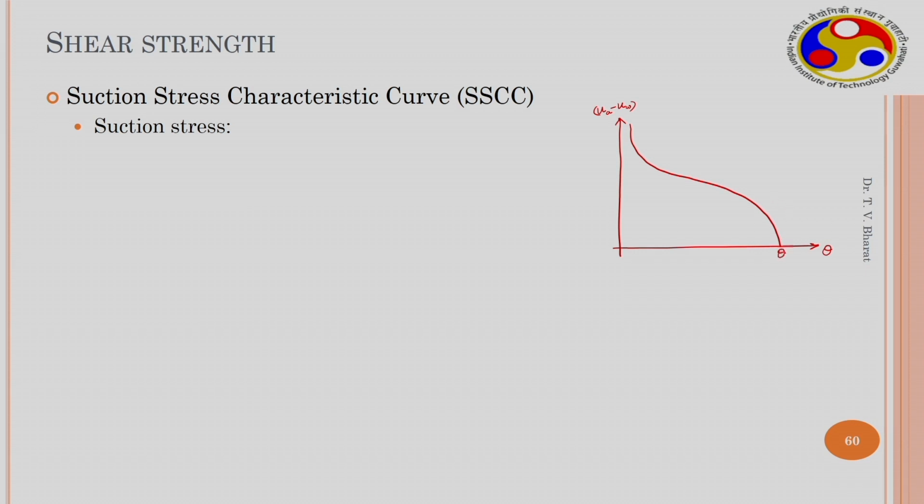So, this is theta s, the saturated volumetric water content, and the air entry suction value of this particular soil is somewhere here. This is ua minus uw AEV, the air entry value.